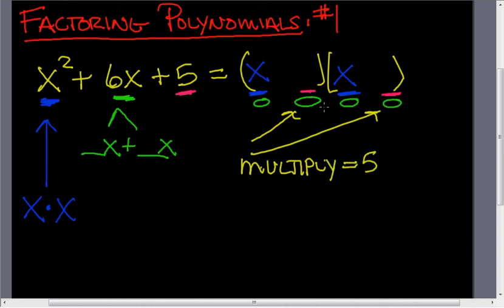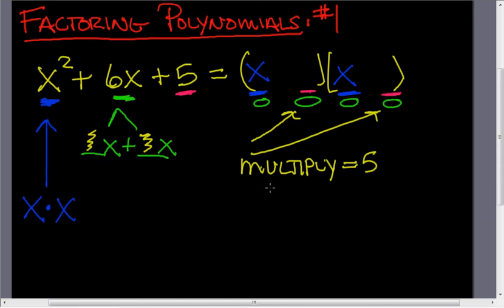But we also know that each one of them by itself is going to be here, whatever this is and whatever this is. We know that they're going to add up to make the 6, because they're going to end up multiplying the x's, and they're going to combine together to make 6.